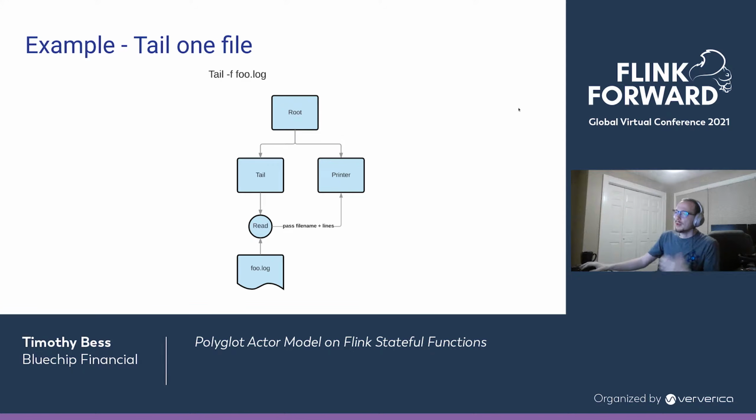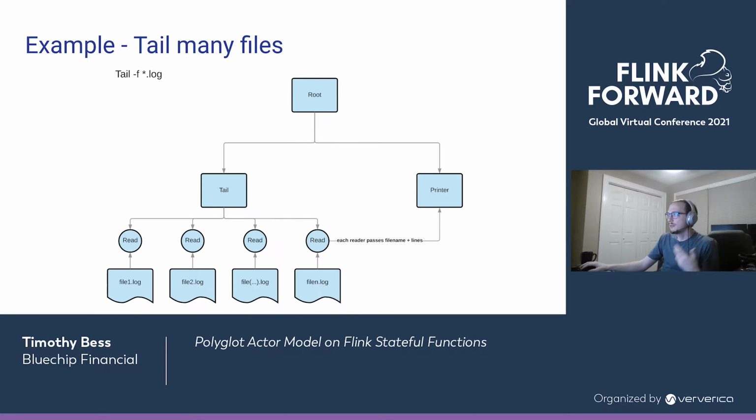But the power of designing it this way is that later, if you want to tail many files, you essentially just have this tail actor spin up a bunch more readers, one per file. All those readers are still executing the same exact code, still passing messages to the same printer, and you just spin up way more of them.